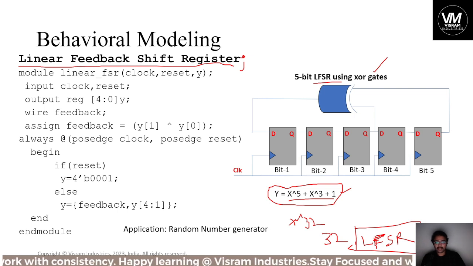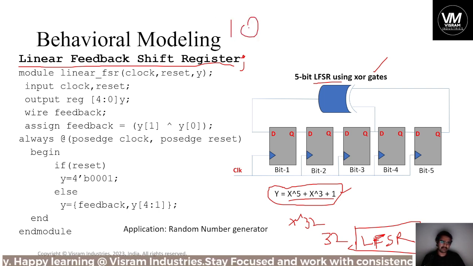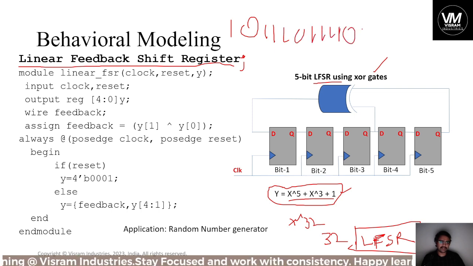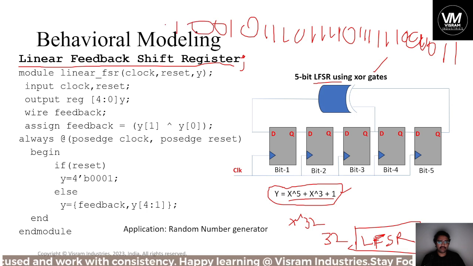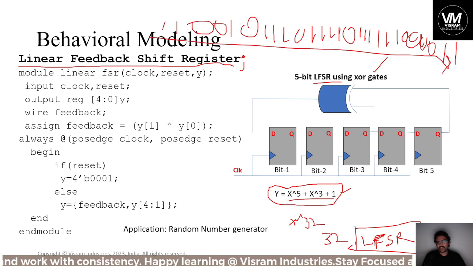Now that is how we can generate random 32-bit data. For example, if I write some random values 1 0 1 1 0 1 1 1 0 and again all ones, and I don't know whether I can write only zeros at any point of time, and I can end up with 1 1 again, and I will end up with 0 1 1. If this is the binary value of some 24-bit or 32-bit number, can you imagine what the actual value of it is when you want to calculate it?